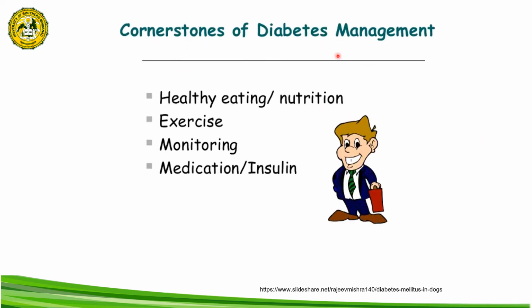But it also has side effects such as diarrhea and weight loss. So the cornerstones of diabetes management. For humans, exercise and diet are considered to be the cornerstone of therapy of diabetes mellitus, particularly type 2 diabetes mellitus. In most diabetic cats, exercise is not a reasonable option.